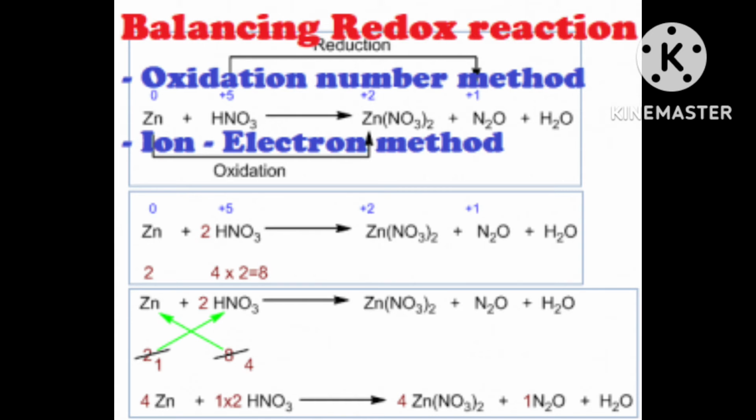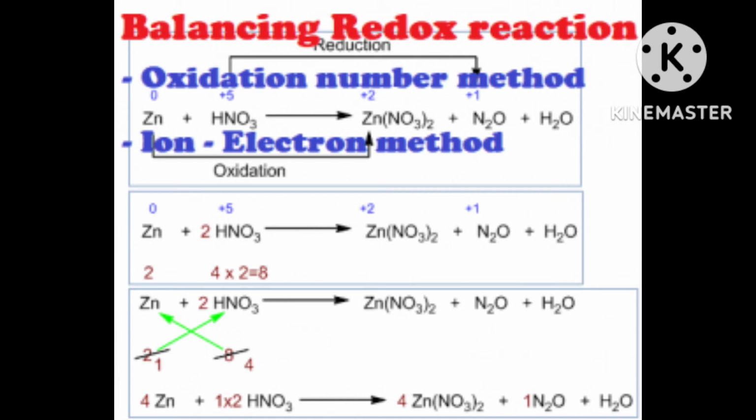Now 8H is there. Because this is the first time you have used hydrogen in the equation, no hydrogen was there before, you have to balance the hydrogen. With 8H written on the left side, on the right side you have to write 4H2O.